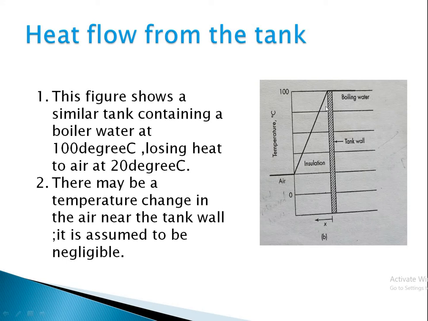So it is losing heat from 100 degrees centigrade to 20 degrees centigrade. Here also it follows linearity, but compared to the tank with heat flow into the tank, here it is in the reverse direction because it is losing the heat from 100 to 20 degrees centigrade. So it is in the reverse direction.